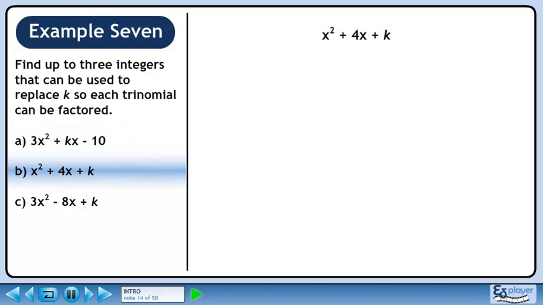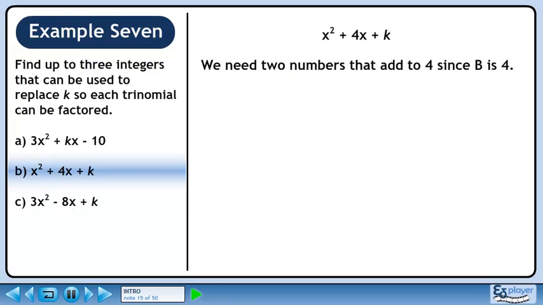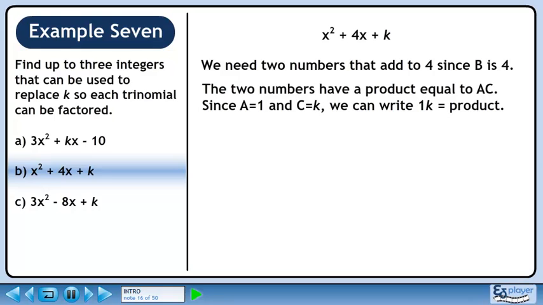In part B, we'll find values of k for x squared plus 4x plus k. First of all, we need two numbers that add to 4 since b is 4. The two numbers have a product equal to AC.